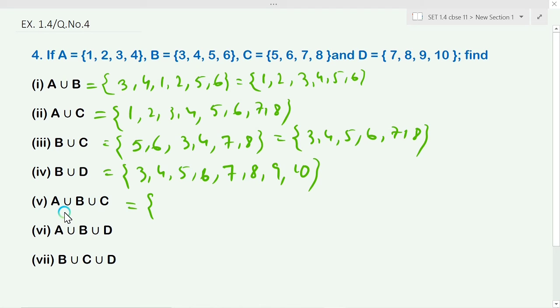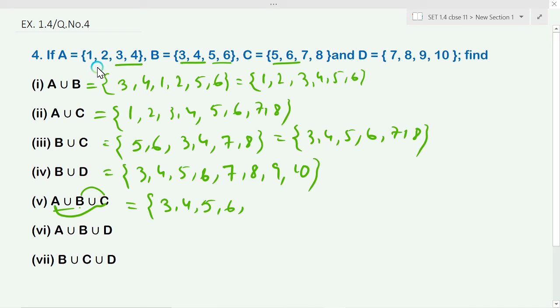If there is no common number, then find the common numbers between A and B. Yes, there are common numbers between A and B, that is 3 and 4. Then between B and C they are 5 and 6. Between A and C, there is none.